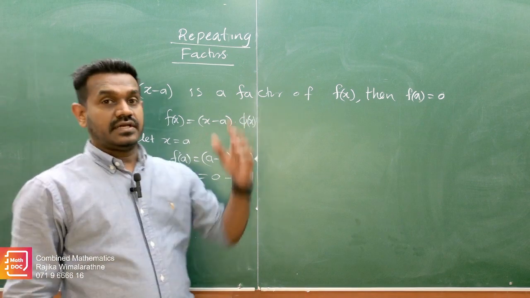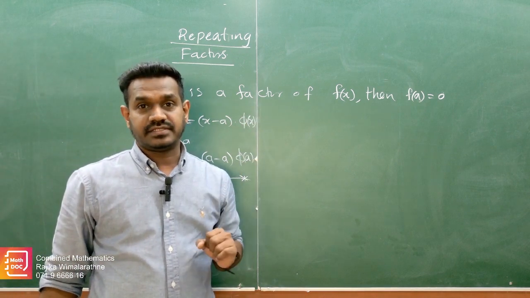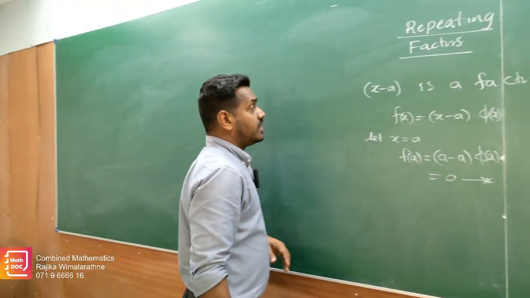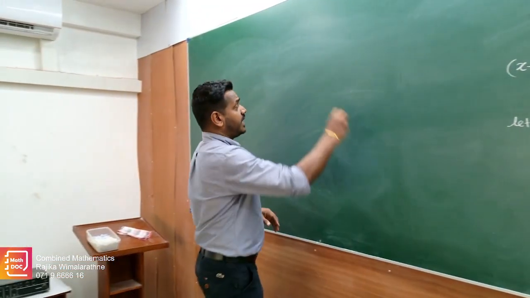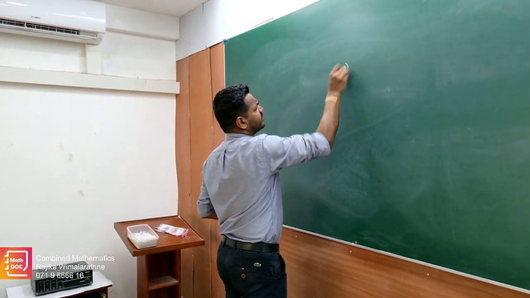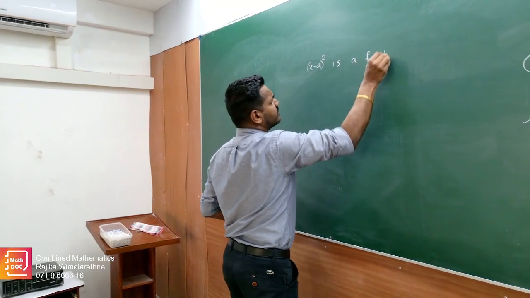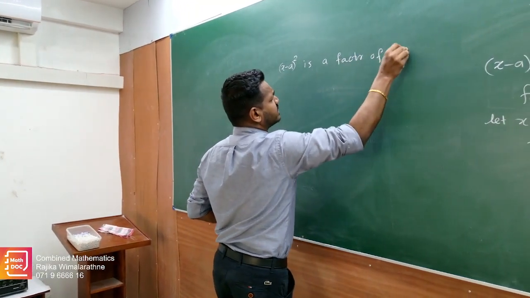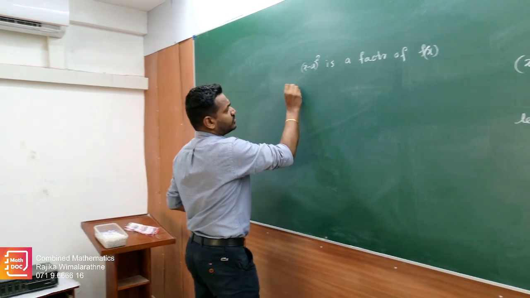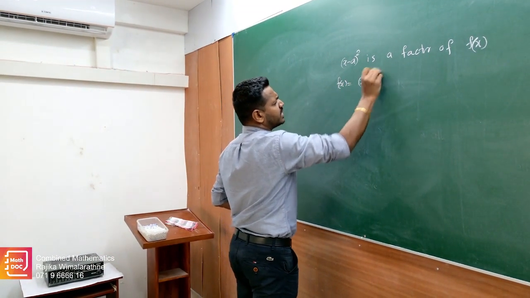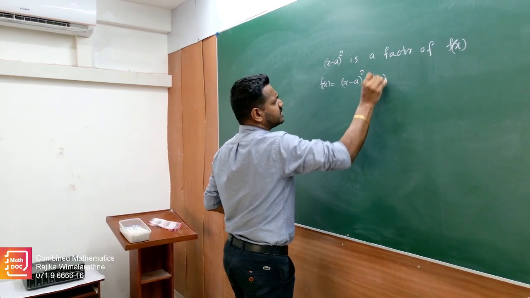Now let's see repeating linear factors. Consider (x minus a) squared is a factor of f(x). Therefore, you can write f(x) equals (x minus a) squared times phi(x).